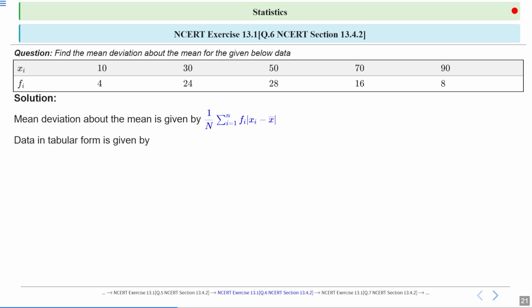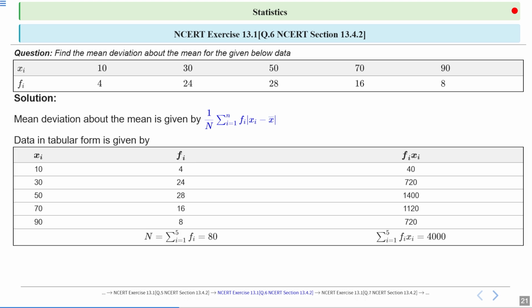Now let's organize our data in a table to make calculations easier. We will list each x_i value, its corresponding frequency f_i, and then calculate f_i times x_i for each row. This will help us find the mean in the next step. So look at this table. Here we have listed the values of x_i, which are 10, 30, 50, 70 and 90, and the values of f_i are 4, 24, 28, 16 and 8.